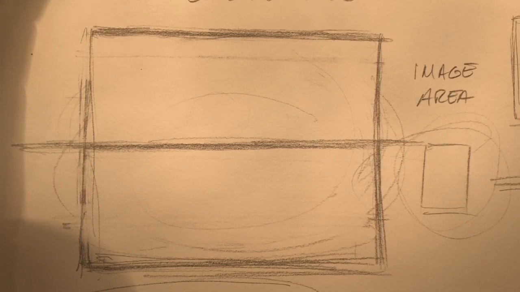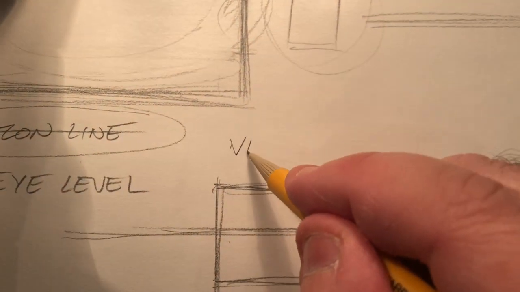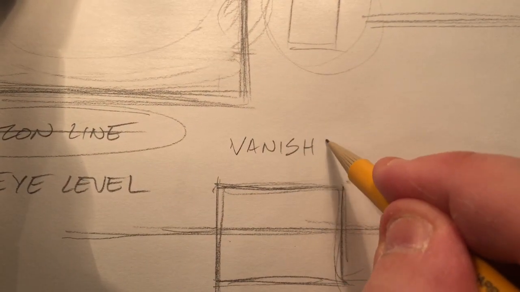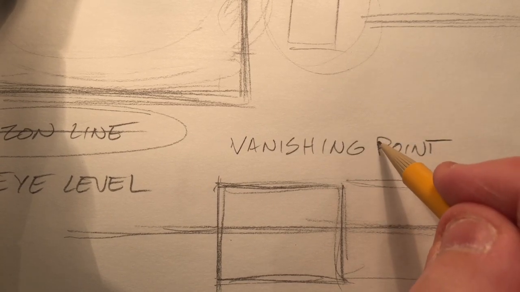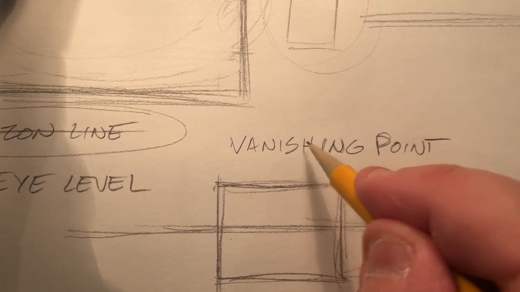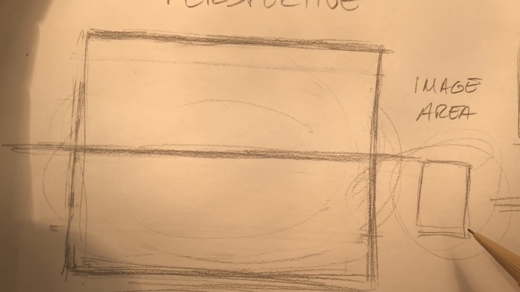So what that brings me to next is, and I know people have heard that term, vanishing point. And I don't want to pick a vanishing point just yet. What I'd like to do is take my box, and I'm going to draw the side of the box that is closest to me.